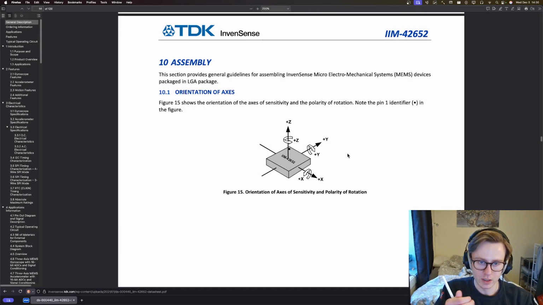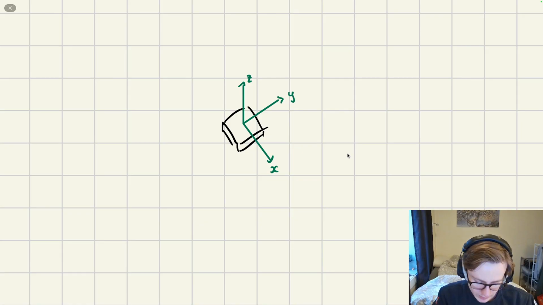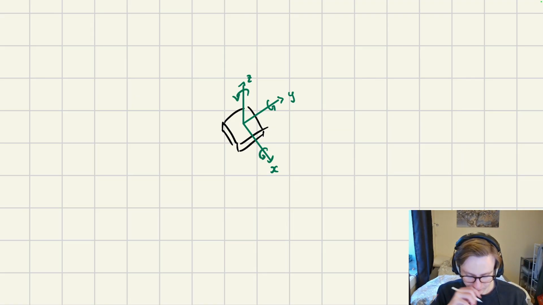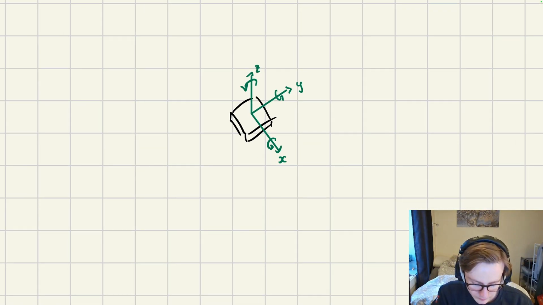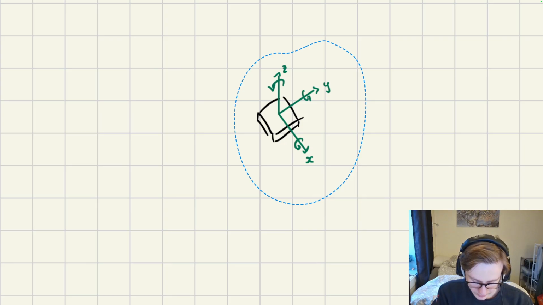Yes, with normal rotation, yeah. So this will be this way. This will be this way. That looks wrong. And this way. Okay.